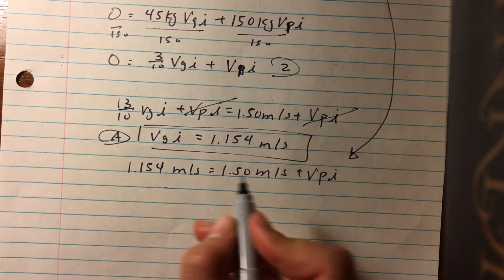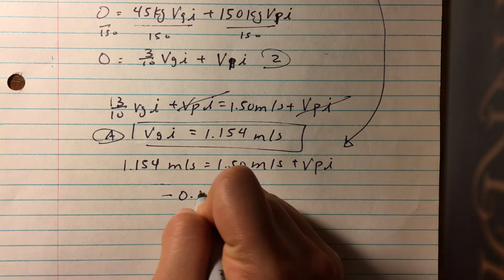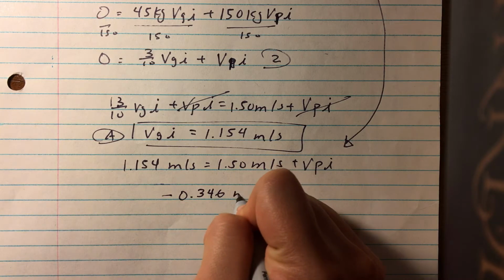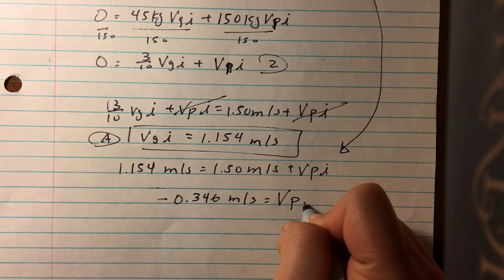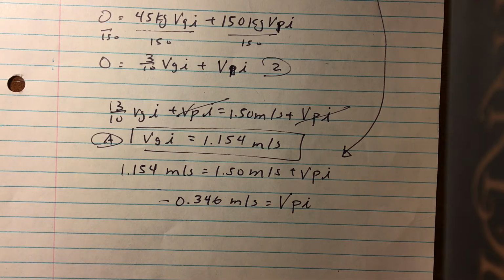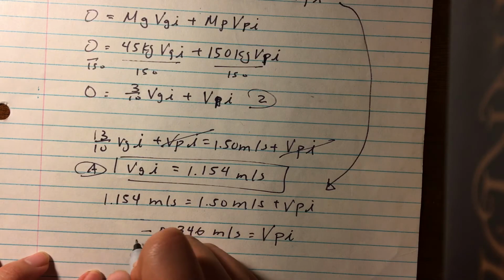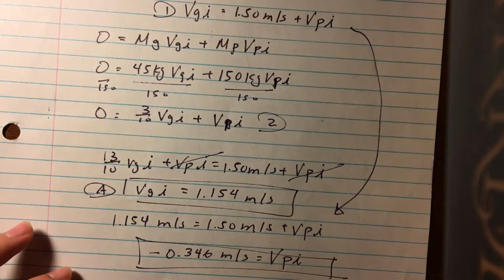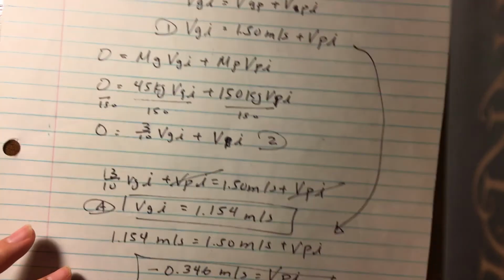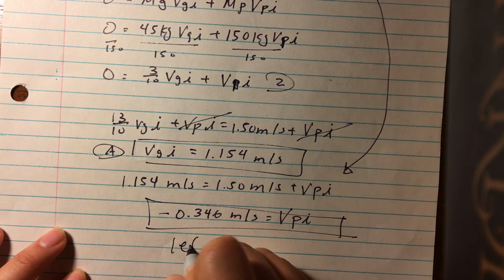And that would give you negative 0.346 meters per second, which is the velocity of the plank relative to the ice. And notice how the velocity is negative, which means it's going in the opposite direction of the girl, which would be to the left.